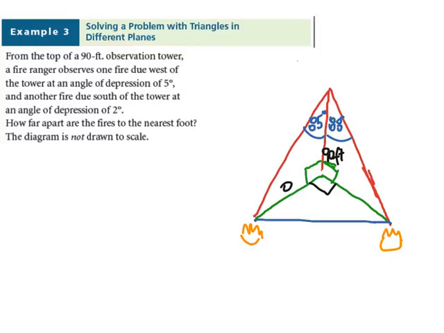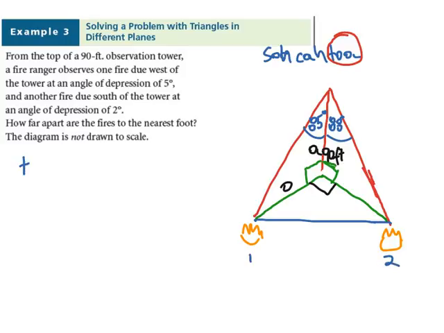So again, make sure you always write down SOHCAHTOA. The only trig ratio that has O and A in it is, of course, tangent. We're going to use tangent to find this opposite side, the distance from the tower to the first fire. I'm just going to write this is the first and this is the second fire. So again, tan of 85.